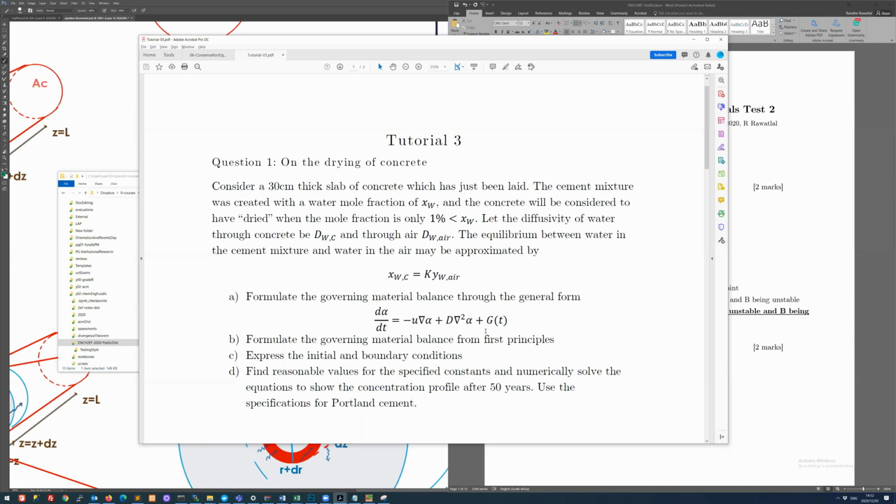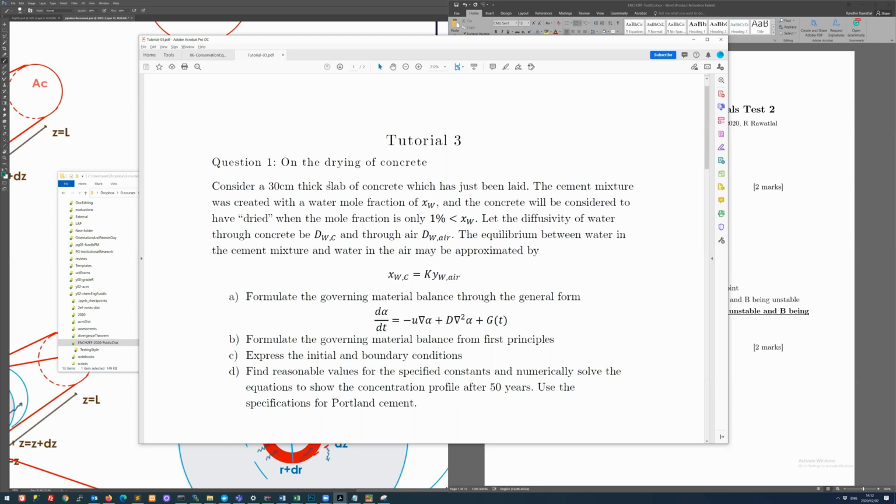Because then the next step is simply to go and apply numerical methods, and you can find specific solutions and so on. So tutorial 3 is all about taking this most abstract form, this very abstract balance that we proposed, and finding specific forms for it, and suggesting how this can be solved.